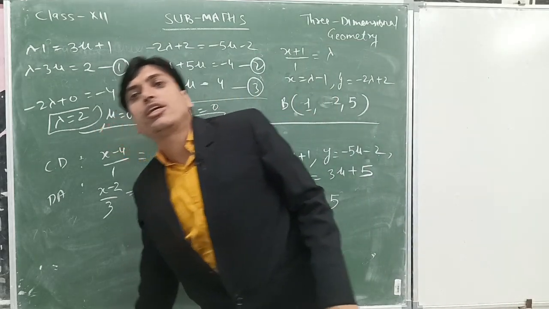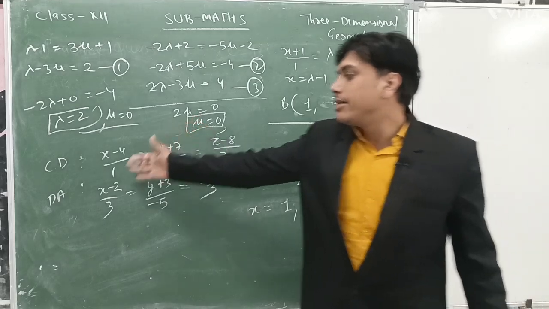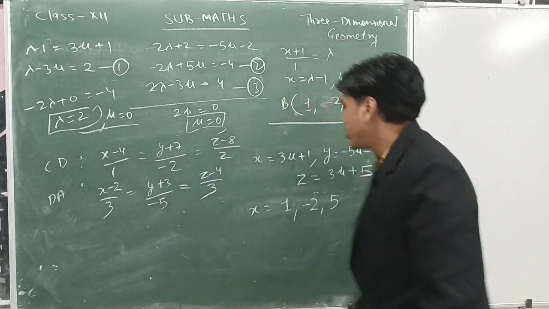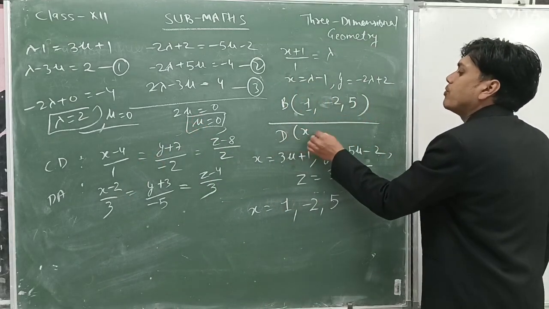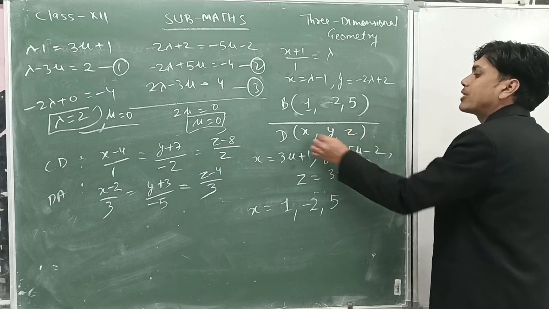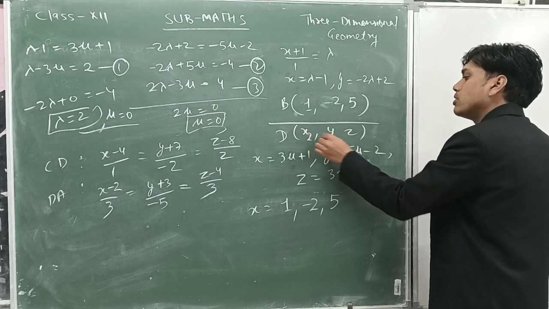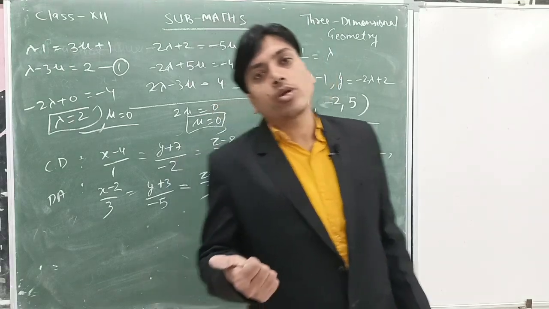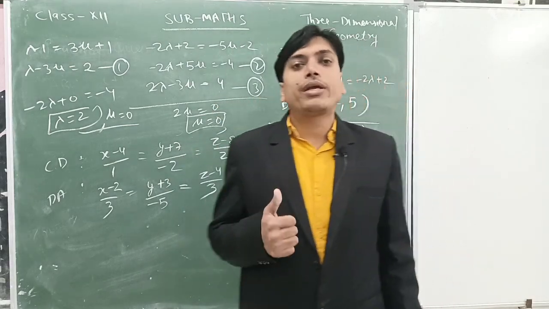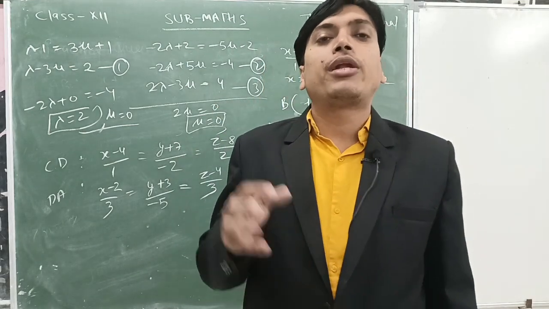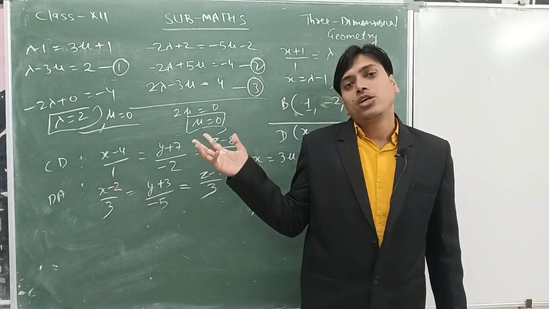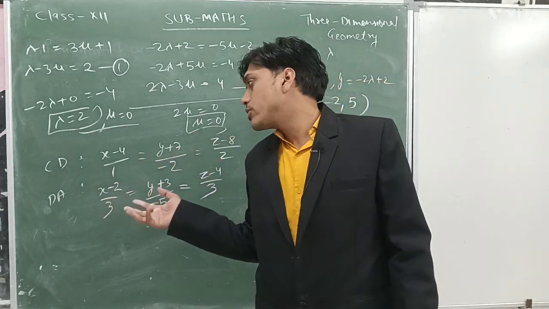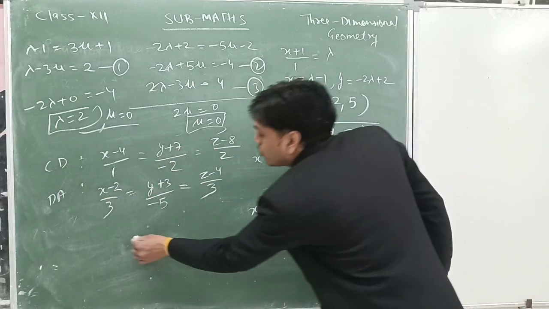Similarly, you can find the coordinates of the common points in CD and DA. For that you will find the coordinates of the point D, that will be some value of x, y, z. Okay, now we have the coordinates of point B and point D. So how can we find the equation of BD? Whenever 2 points are given, use the 2-point form. How do we find the equation of a line having 2 points?